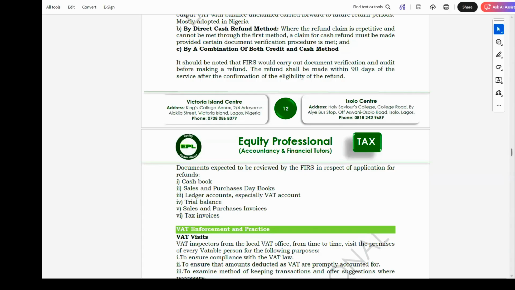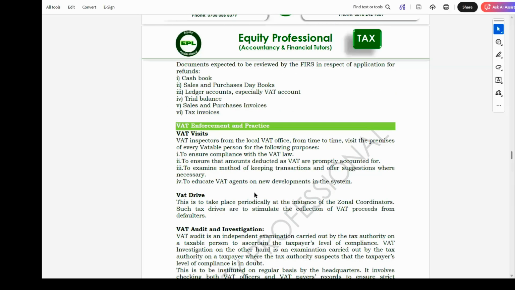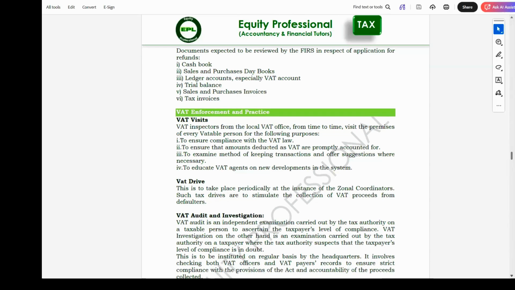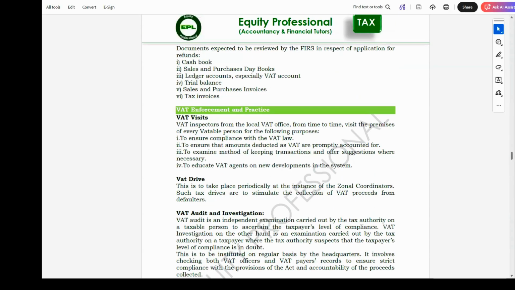Then, as an agent, the tax law also gives the tax authority certain rights to carry out on your record. As I told you earlier, you must keep accurate records of the transactions relating to VAT. So as you are keeping the record, the tax law gave the tax authority certain powers to carry out on your transactions.